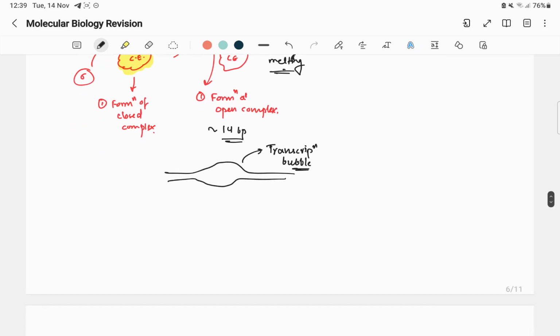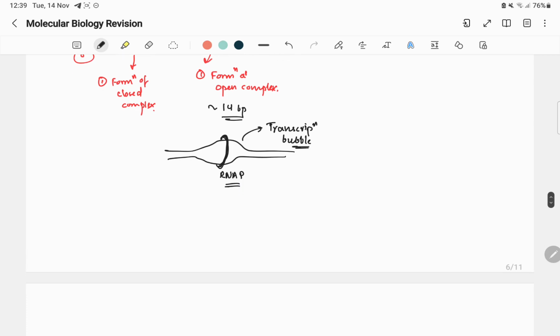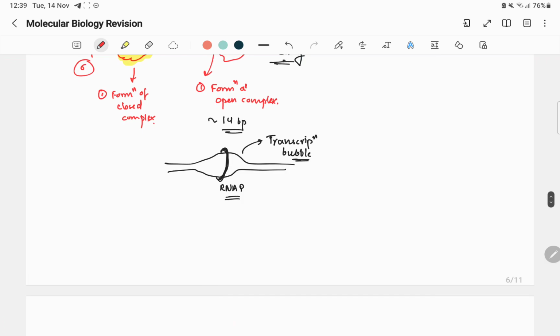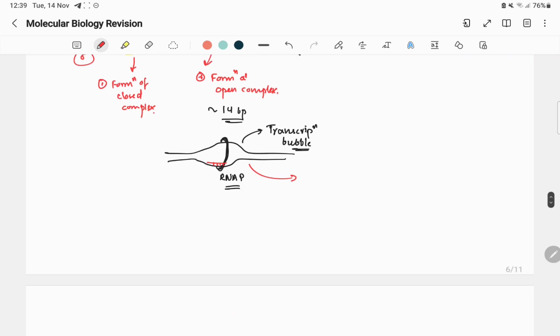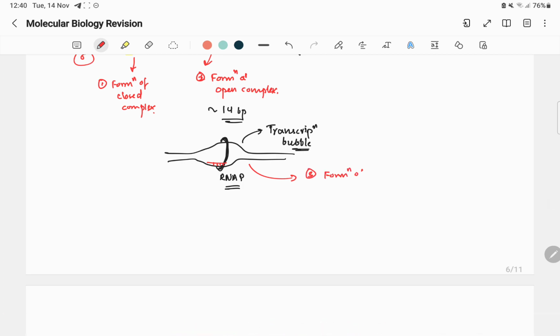Then the RNA polymerase attaches to this transcription bubble. Here is the RNA polymerase, still attached to the bubble, and a stretch of 5 to 10 nucleotides of RNA is formed, one, two, three, in the 5' to 3' direction.